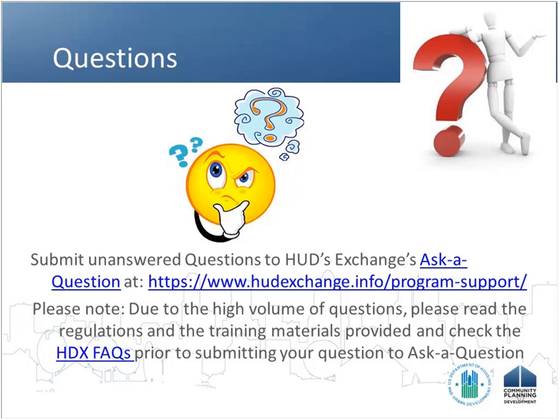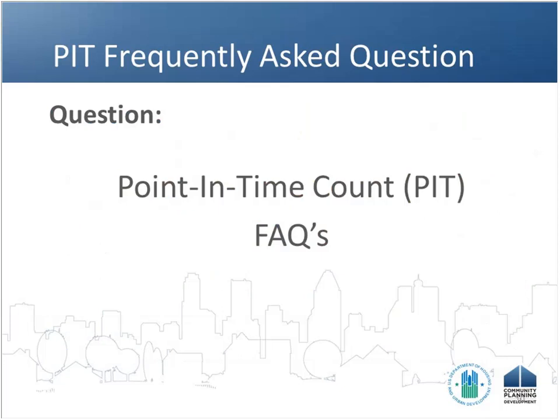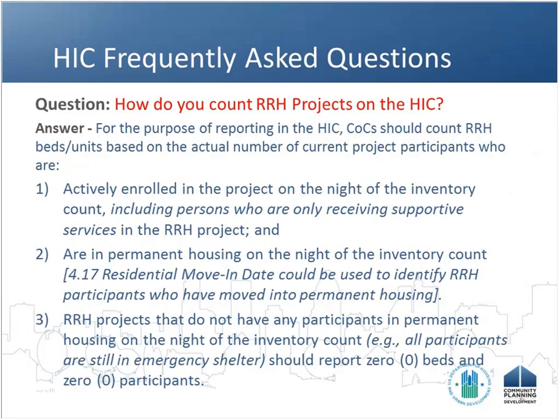Can you go to the slide on that because it has the notice language? Yeah. That number 1, it says, including persons who are only receiving supportive services in the rapid rehousing project. So no, rental assistance is not a requirement.